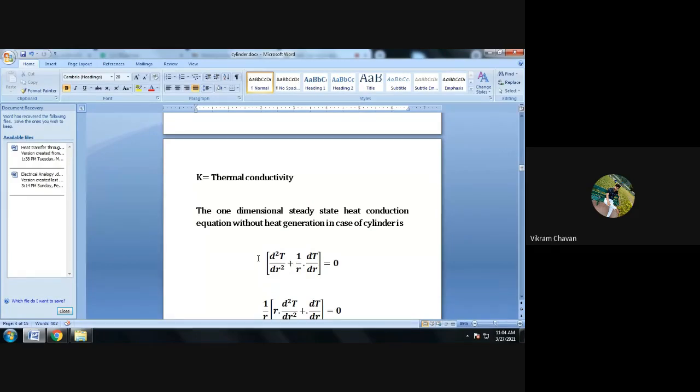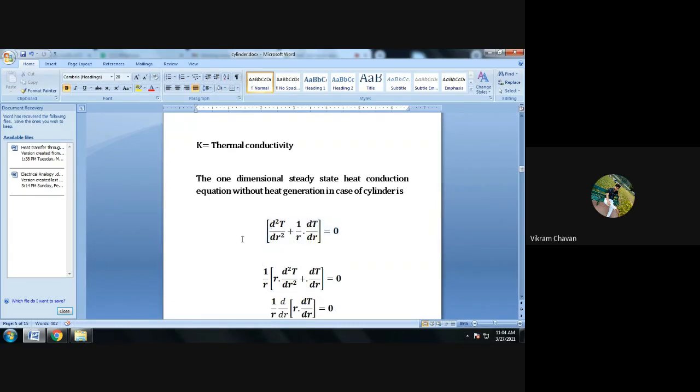For steady state there will not be the partial T by partial t term, and for no heat generation the q suffix g term will be 0. Finally, it is one-dimensional, and heat is flowing only in the radial direction, so we have to consider only the r axis.